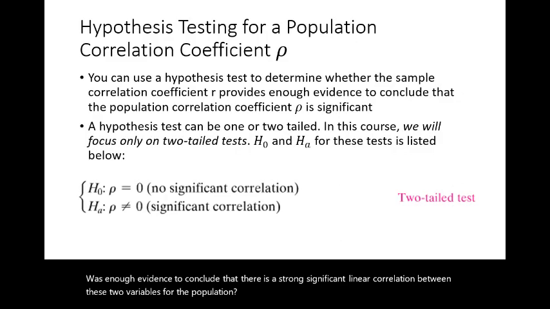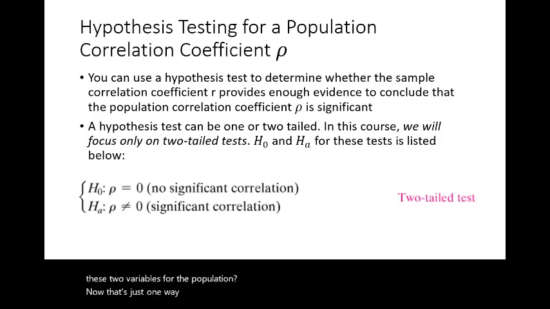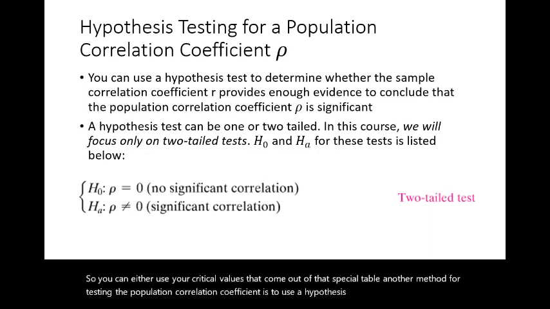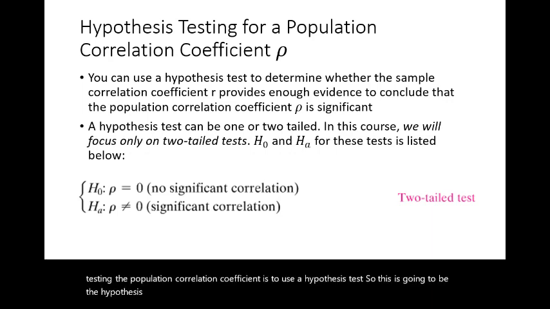That's just one way to test for the significance of the population correlation coefficient. You can use your critical values that come out of that special table. Another method for testing the population correlation coefficient is to use a hypothesis test. This is basically the exact same process as we learned about in Chapter 7.